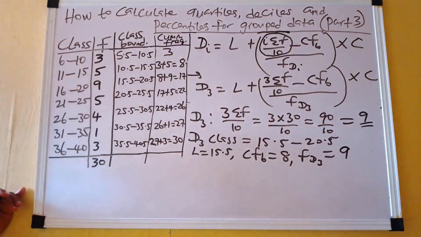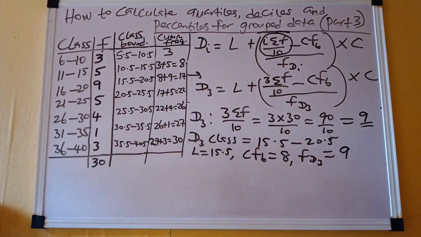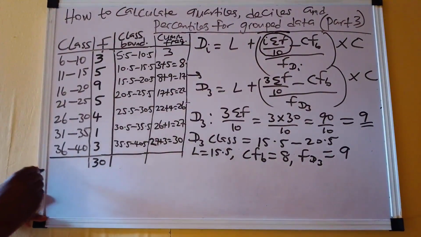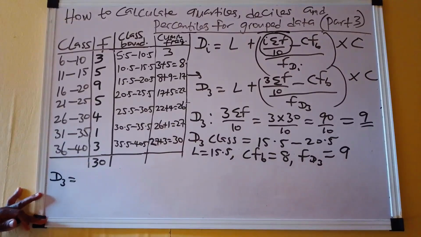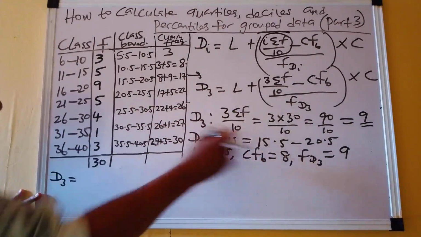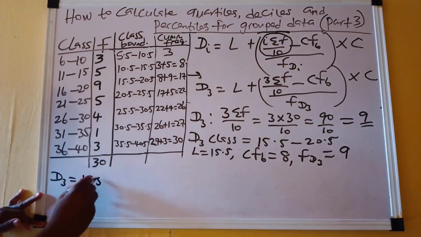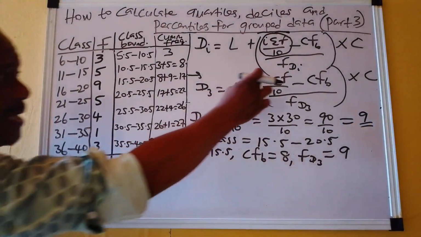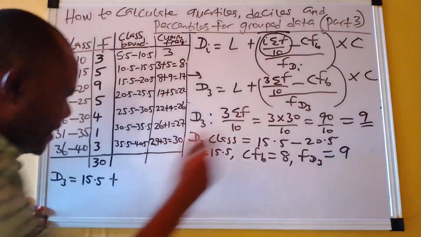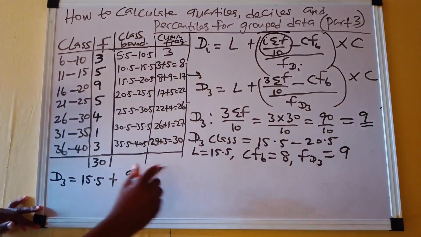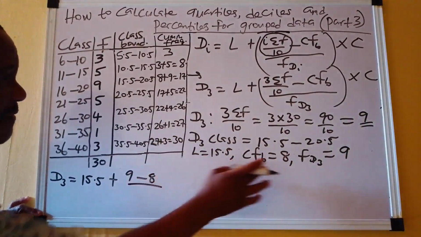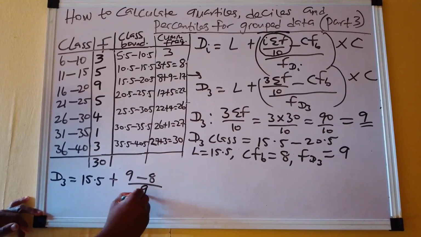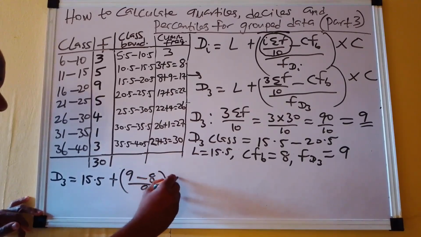So we have all the things that we need to calculate our D3. Our D3 by calculation will now be equal to L, the lower class boundary, 15.5, plus 3 summation F over 10, which is 9, minus the cumulative frequency before that class, 8, all over the frequency of that class, 9, times 5.